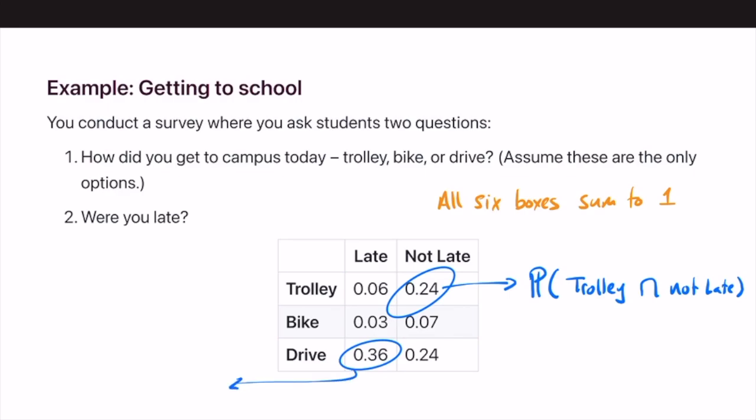And this one is the probability that you drove and that you were late. So one key thing, and I'll write this a few times because sometimes it takes a little bit of time to click. This symbol right there is the intersection, and that's just a way of saying and, because it's the people who took the trolley and were not late. So it's the intersection between those two things.